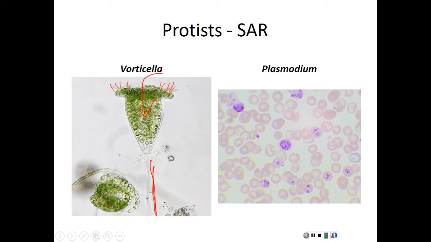And this stalk is able to rapidly retract if it senses some kind of threat is imminent, like a predator or something. By the way, the Vorticella is also phylum Ciliophora.